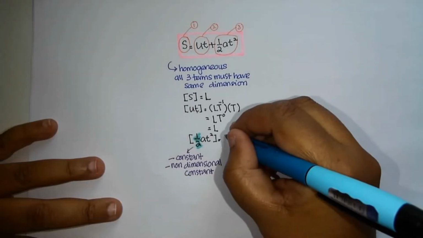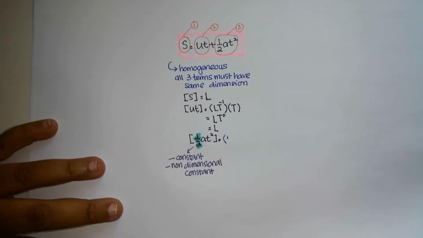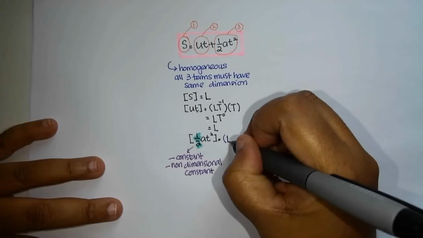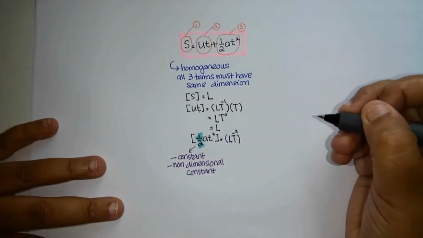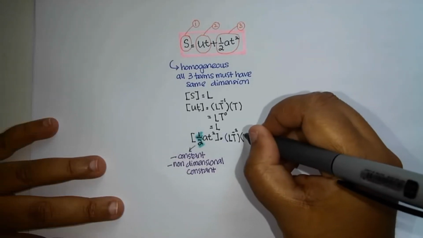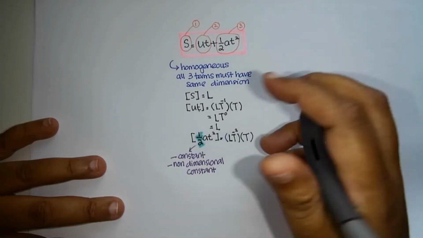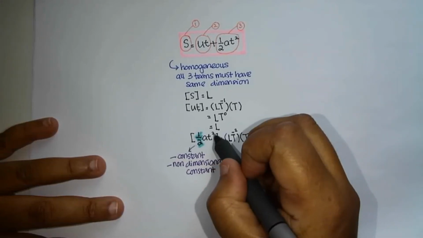The dimension of a, from what we studied in the last lesson, is LT negative 2. The dimension of t is T, and squared gives T squared.